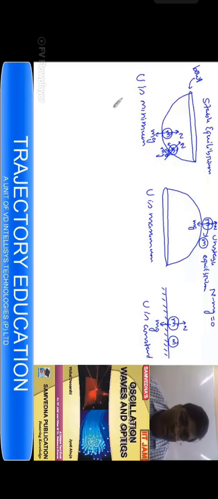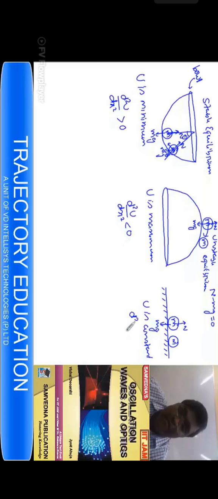U minimum means d square U by dx square is positive. If you describe the displacement by variable x, you write dx square. If you are describing it by the variable theta, then you write d square U by d theta square, depending on the variable you choose to describe the motion about the equilibrium position. Here d square U by dx square will be less than 0.